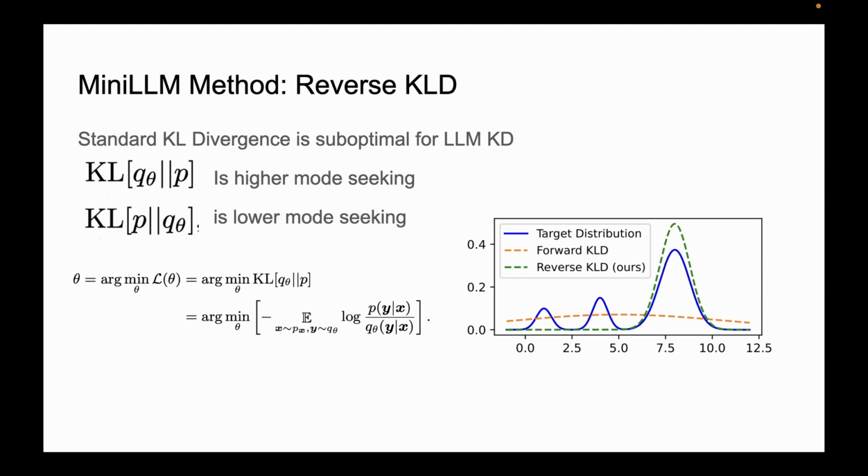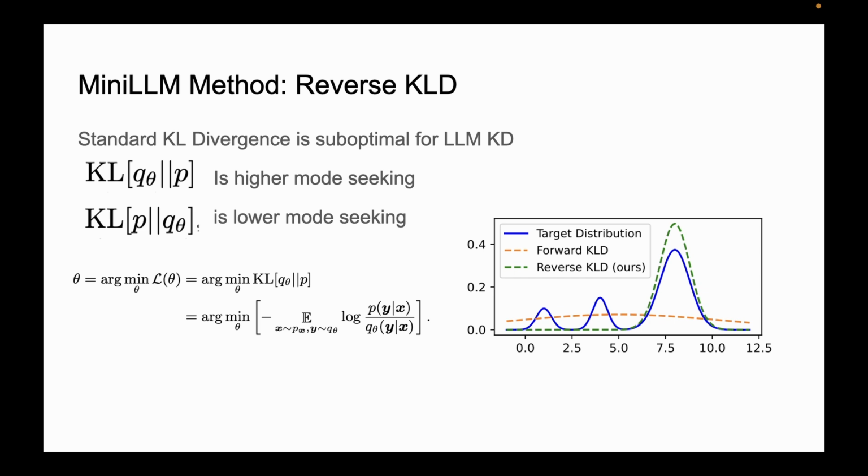But for open-ended text generation tasks, which is usually the case for LLM applications, the output spaces are much more complex, and the teacher distribution can contain many more modes than what the student distribution can express due to limited model capacity. So let's say the student model is 1 billion parameters and the teacher model is 10 billion parameters. The student model may have a hard time because it has fewer parameters, and you can run into optimization issues. Minimizing forward KL divergence causes the student model to assign unreasonably high probabilities to the void regions of the distribution, and can lead to mean seeking, which forces the student to match the mean values of the teacher model.